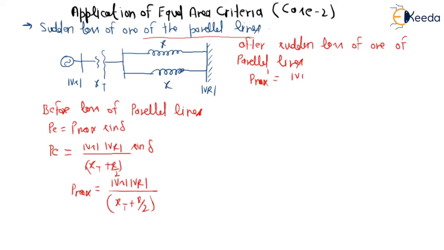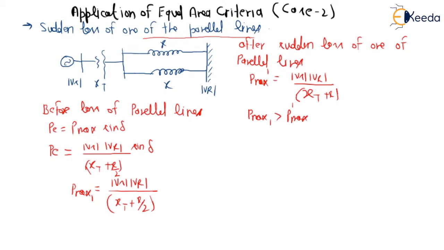Vs and Vr will not change, Vs into Vr upon, now this will be x. So we can see clearly that P max 1 is greater than P max dash, because here it is x by 2 and here it is x.